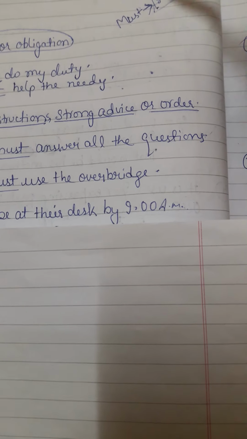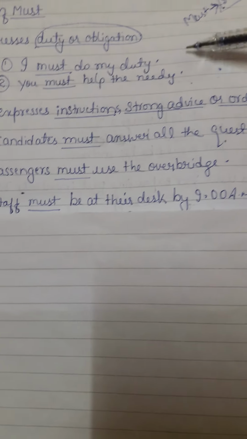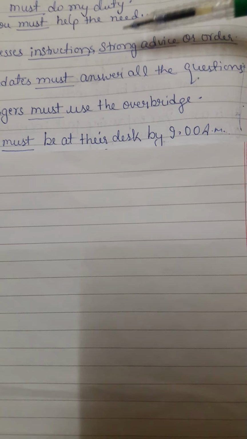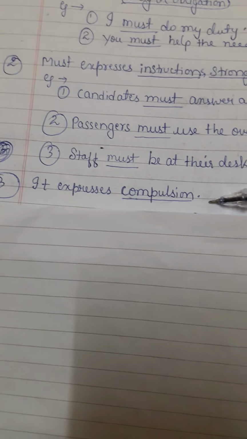Wherever you see must, it will always indicate a strong sense of something. Like in the first category, you noticed a strong sense of duty. Then in this category, you are analyzing a strong sense of advice, instruction, and order. Order is in itself strong. It's strong advice.